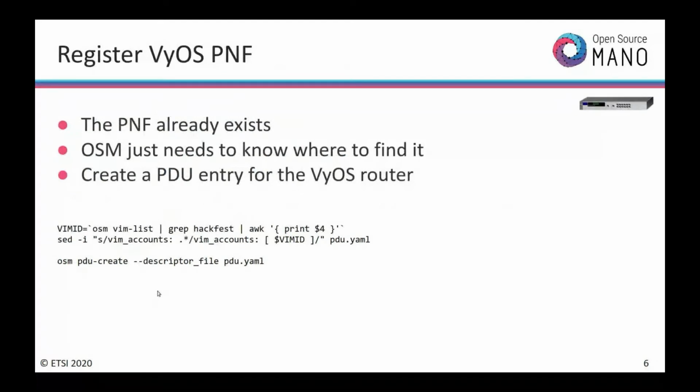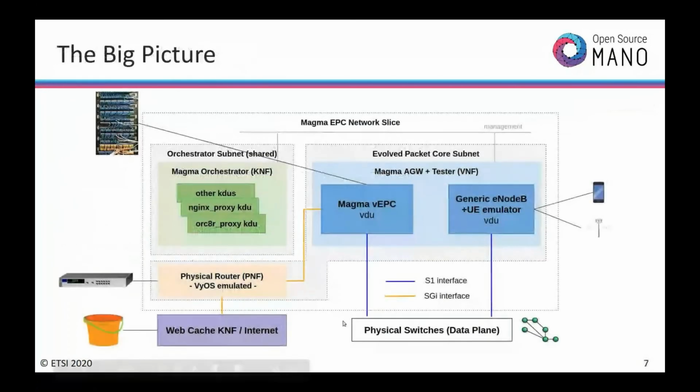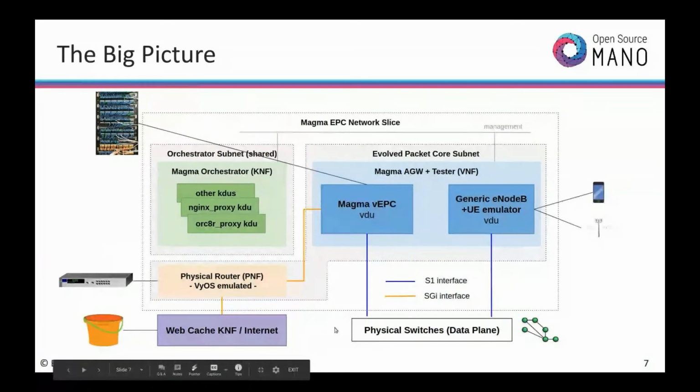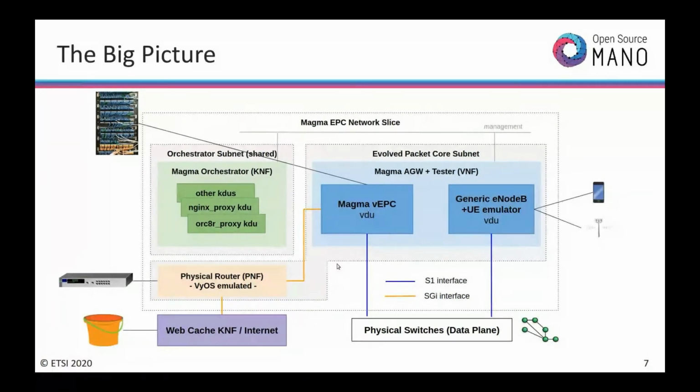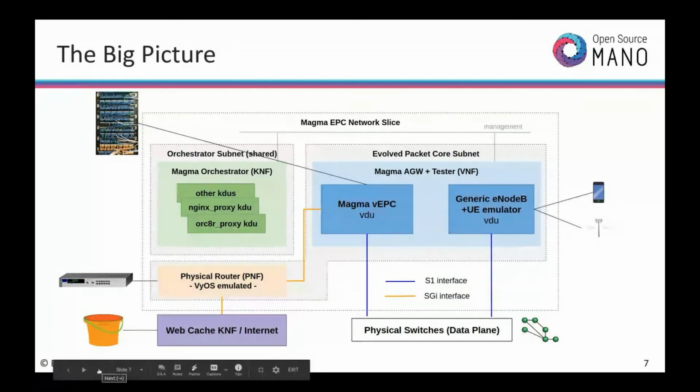We will eventually be registering the VyOS physical network function, and that's simply doing an OSM PDU create, and that should get us all of the environment, all of the descriptors and everything that we need in order to be able to run the rest of the Hackfest.